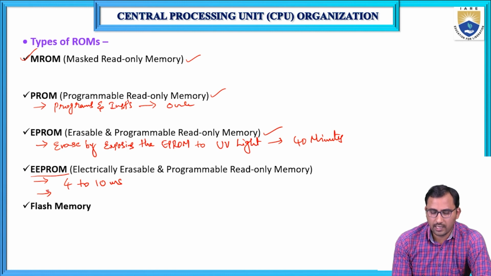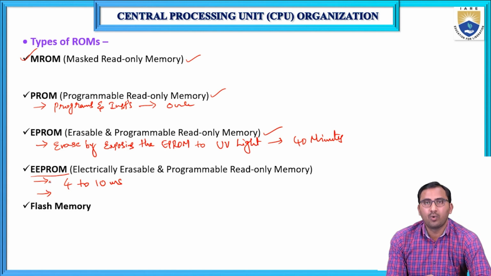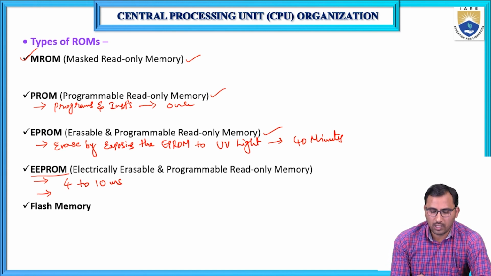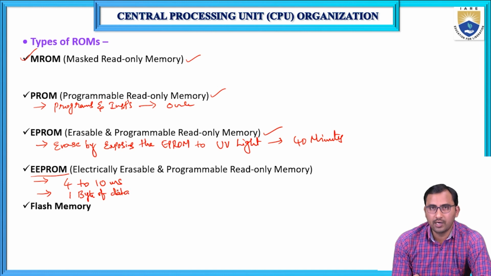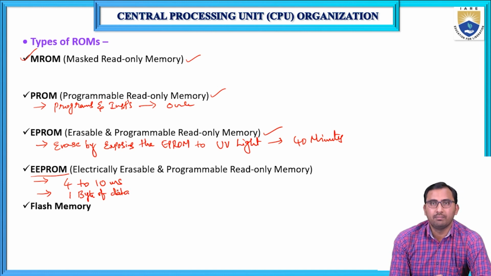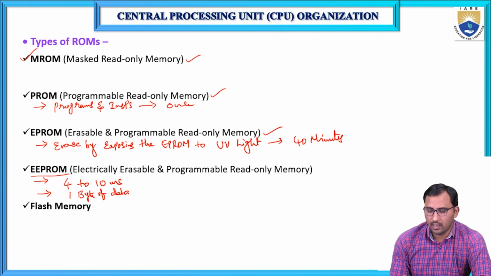And also in this EEPROM, when you are programming, that means when you are loading any program into this EEPROM, we can only store 1 byte of data at a time. So we can program, erase the data, and reprogram.